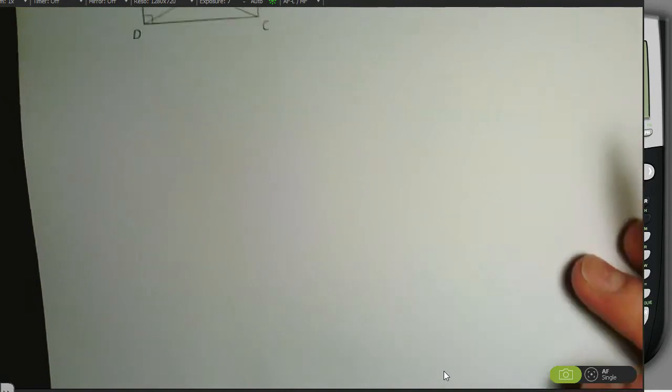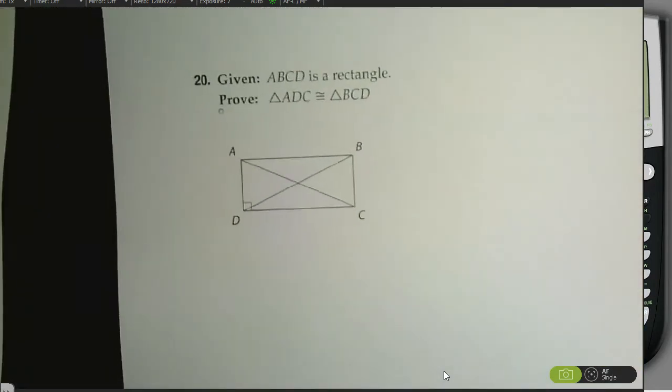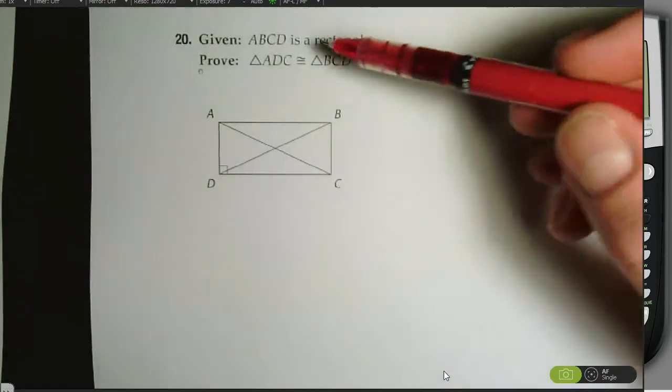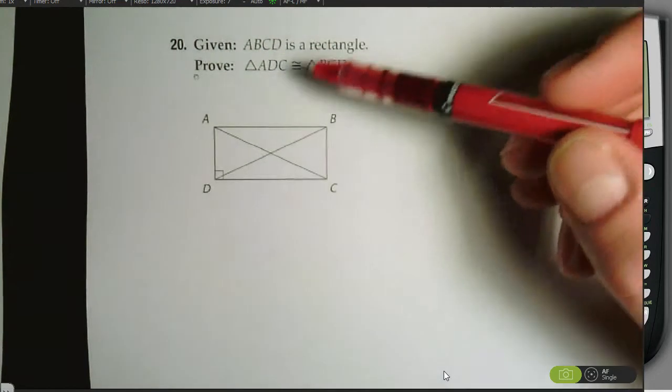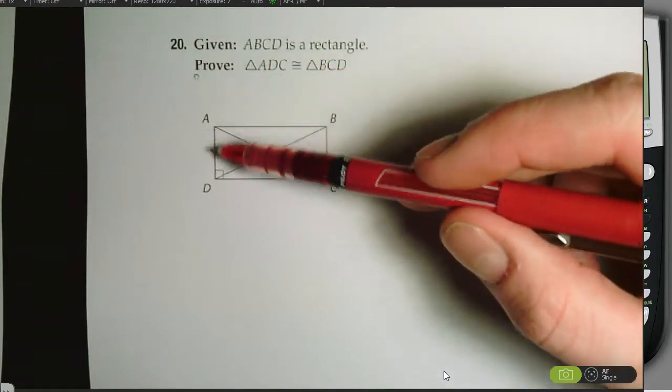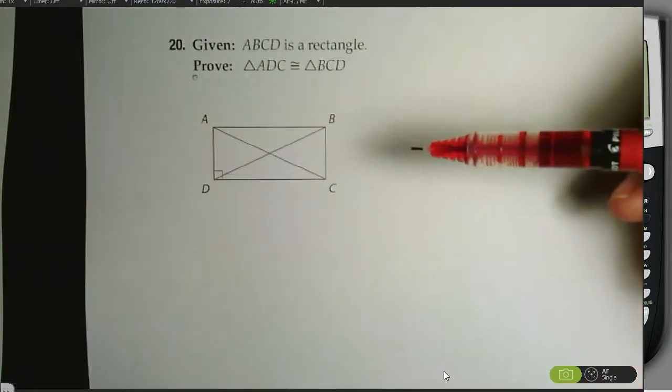So here's some homework, a couple problems to look at. First one is a proof. Number 20. The question is, given that ABCD is a rectangle, prove that triangle ADC is congruent to triangle BCD.